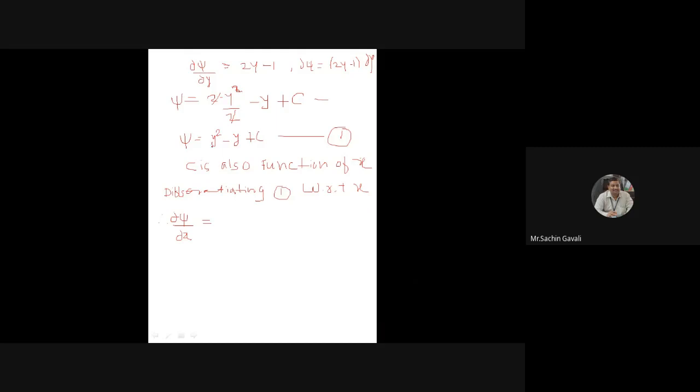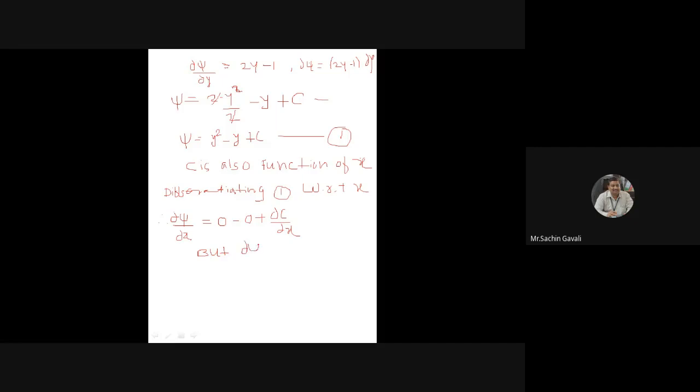Okay, differentiation of y square with respect to x is 0. If all unmute, there is also no problem for me. So y square, it will be 0, minus 0, plus dou c by dou x. Okay, but dou psi by dou x is equal to what?